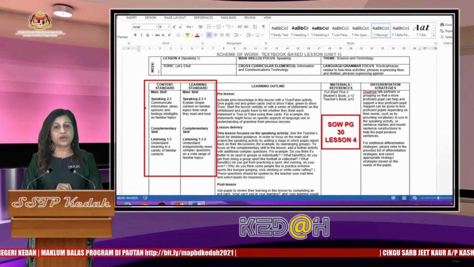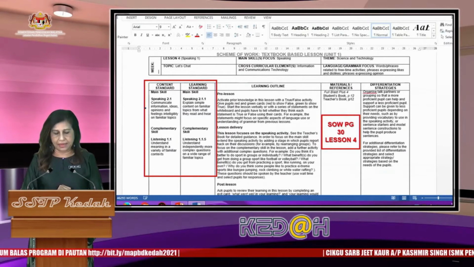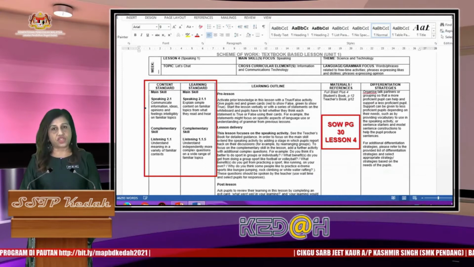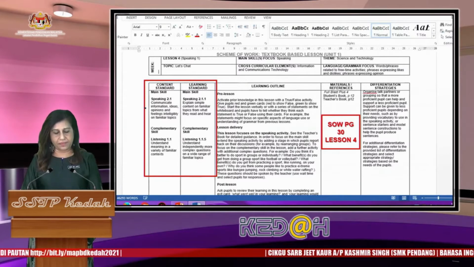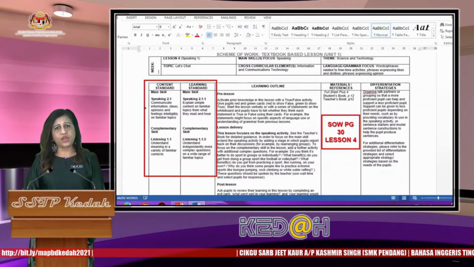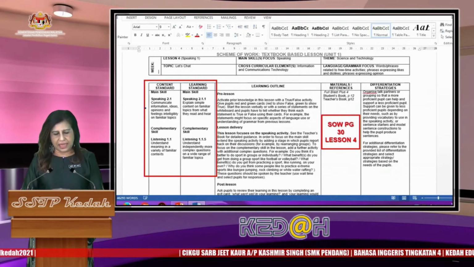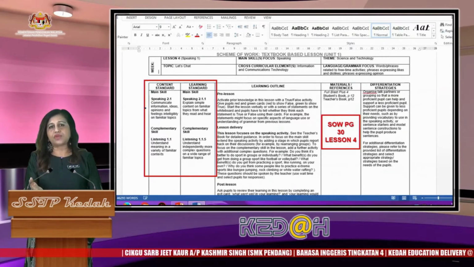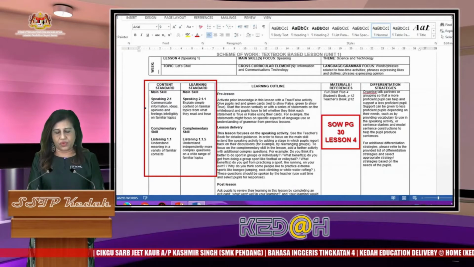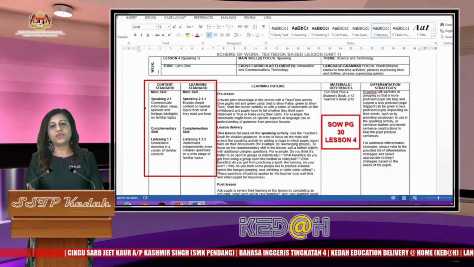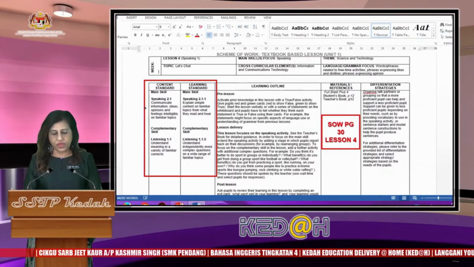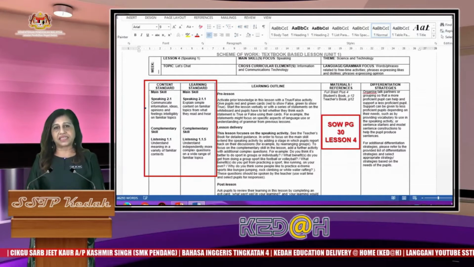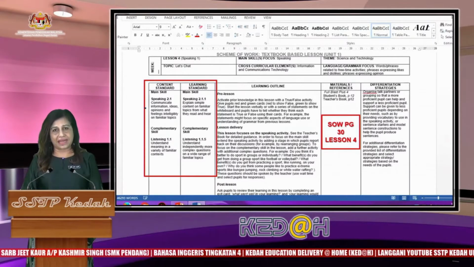There is also a column of suggested learning outline and differentiation strategies in this document. Well, you are to plan your lesson according to your pupils' ability, teachers, and what suits them best. This learning outline is only a guideline for you to get the overall view of how the lesson should be conducted.